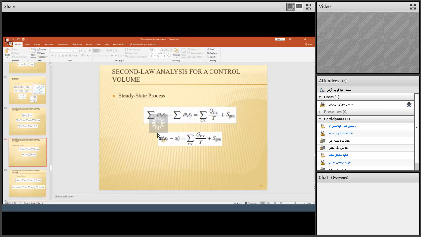If we only have one inlet and one outlet, this equation converts to mass flow rate times entropy at outlet minus entropy at inlet equal to the sum of rate of heat transfer divided by T plus S generation, entropy generation.